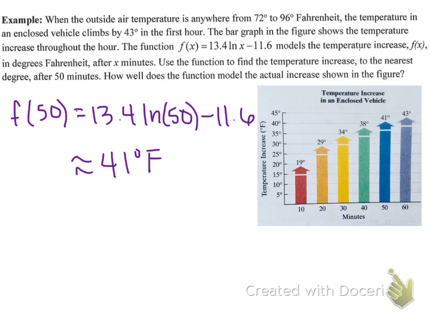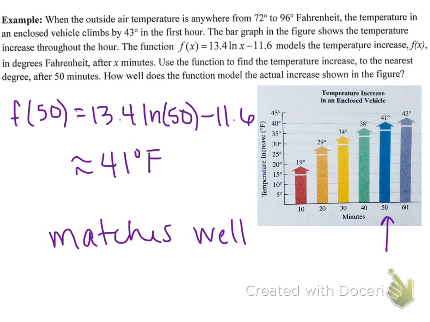That's after 50 minutes, that's how much it has increased. Now, the question wants you to compare it to the model. Notice that at 50 minutes, the temperature is 40, so you would say that this matches well. So the function matches the data, basically. All right, that's all for today.